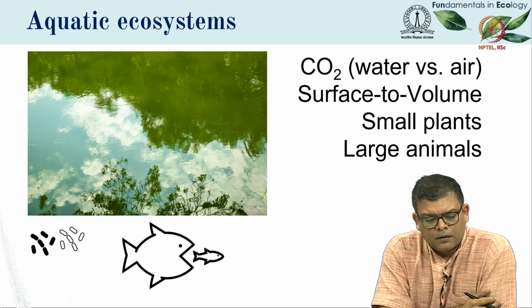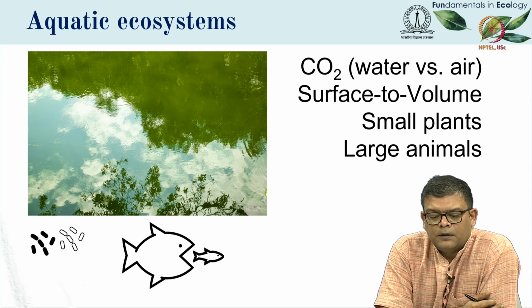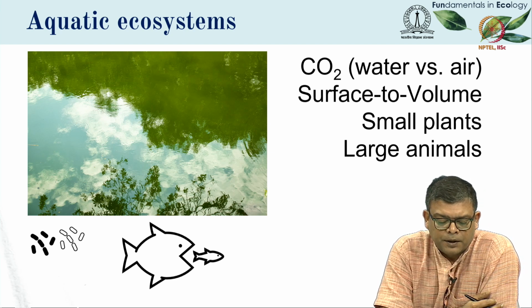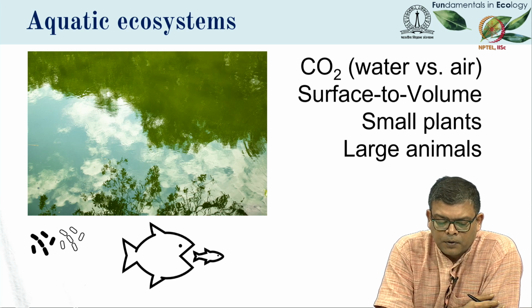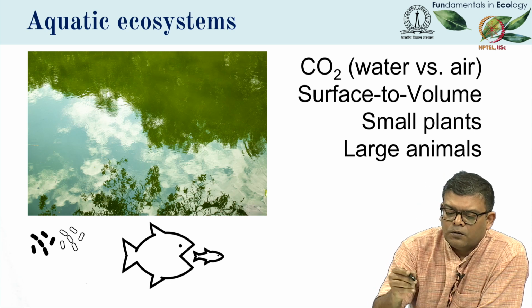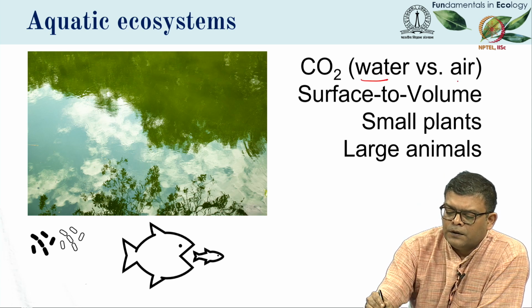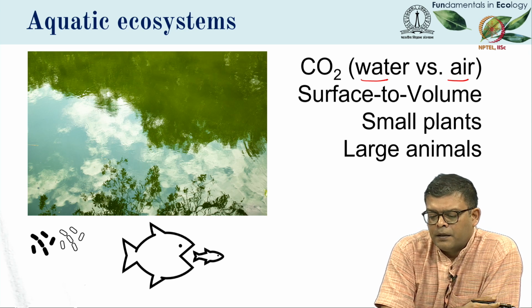Now let's take a look at non-terrestrial ecosystems. Let's look at what happens in aquatic bodies, so ponds and lakes and oceans. Ponds and lakes have organisms that face a difficulty in trapping CO2. CO2 in the water versus CO2 in the air are available in different amounts.